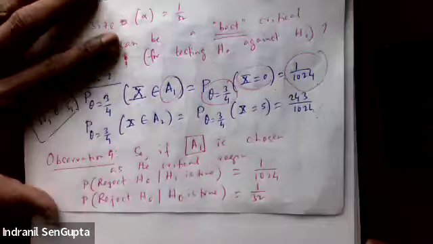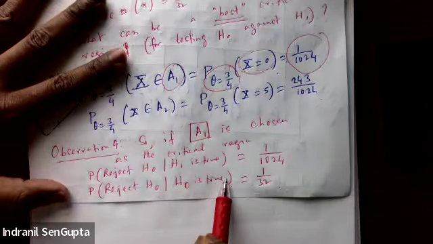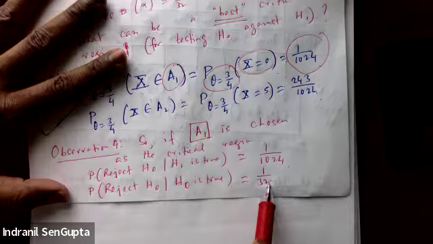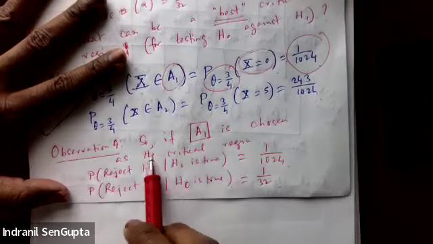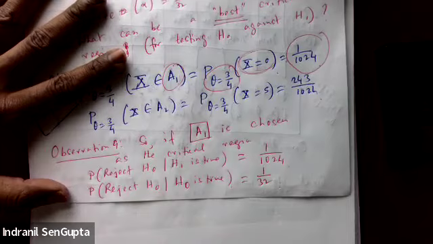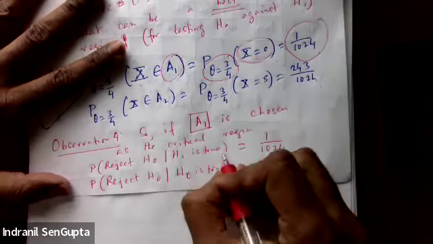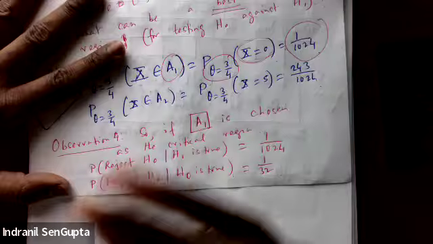Now, isn't it sort of meaningless? When H0 is true, we are rejecting H0 with the probability 1 over 32, which is pretty high, compared to when H1 is true, where we are rejecting H0 with much lesser probability. Honestly, what we expect is that when H1 is true, we want to reject H0 with more probability, right?